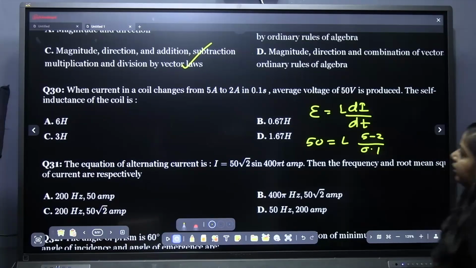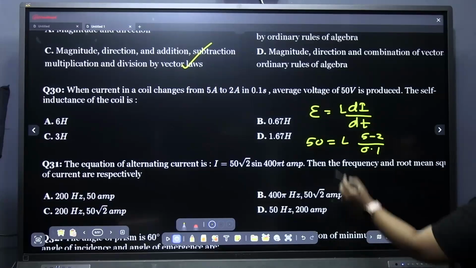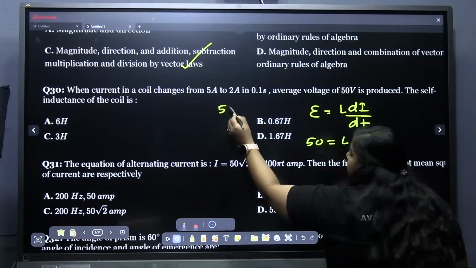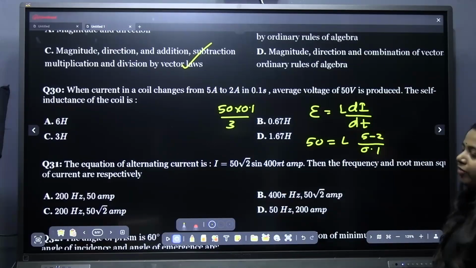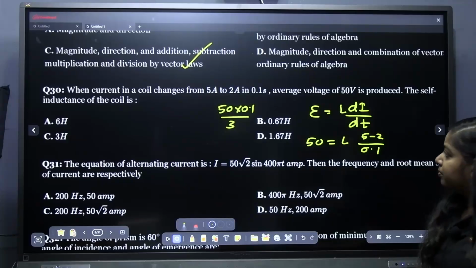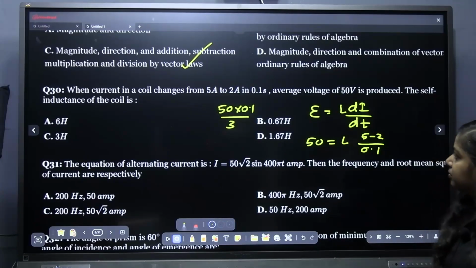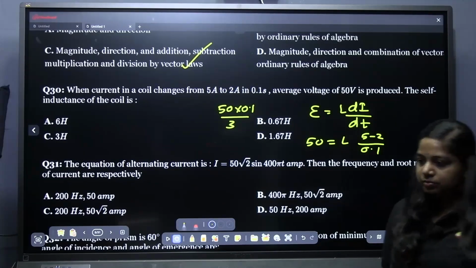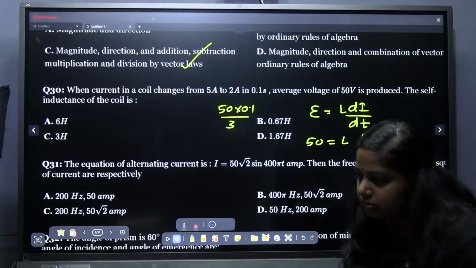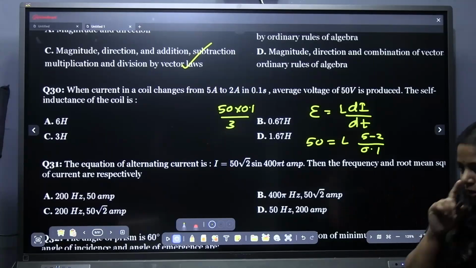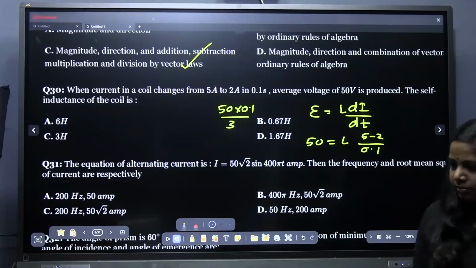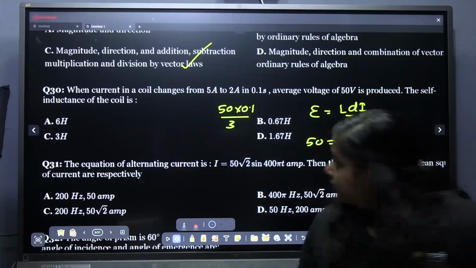From this you can calculate L, that is 50 into 0.1 divided by 3, which is approximately 5 by 3. Is it clear? Is everybody's screen visible and audible for all? Okay.